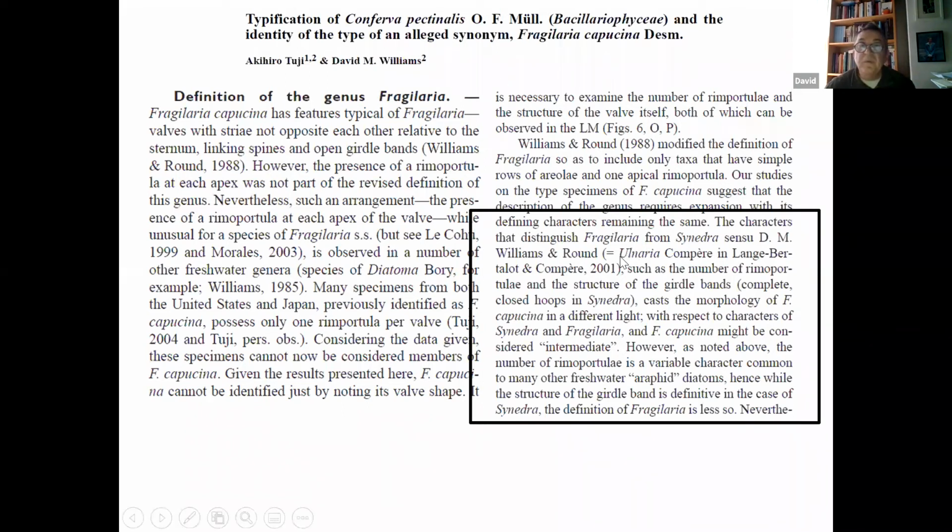I'm not going to talk about why that equals Ulnaria. This is merely a nomenclature issue, not a taxonomic issue. It's absolutely just a nomenclature issue. But later on, we talk about how the structure of the girdle band is definitive in this case, largely because I tried to tackle this in terms of definition earlier on rather than description.